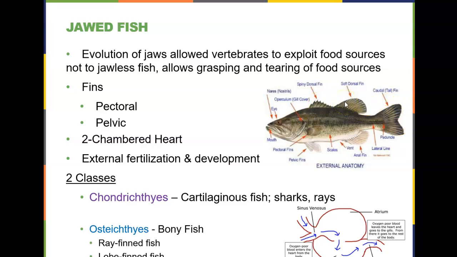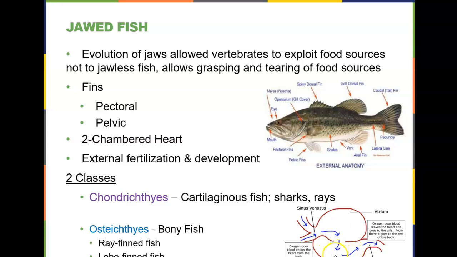In this particular fish, we see there's also an anal fin, a caudal fin, and a dorsal, or maybe even two dorsal fins. Now, these fish have a two-chambered heart, which is drawn out here. So there's a single atrium chamber and a single ventricle chamber. Atrium chambers are receiving chambers. They receive blood, so you see blood coming in with these arrows. And the ventricles are the pumping chambers.